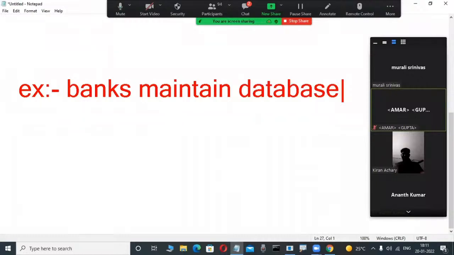Observe it here. Suppose customers, account holders, deposit some amount. You also deposit some amount. Your details, your name, address, phone number, your balance, your account number, are important to store permanently. Suppose you, I, or other customers withdraw some amount. They want those details too. Again, some people transfer money from one account to another, online or offline. Those transaction details they want to store permanently.